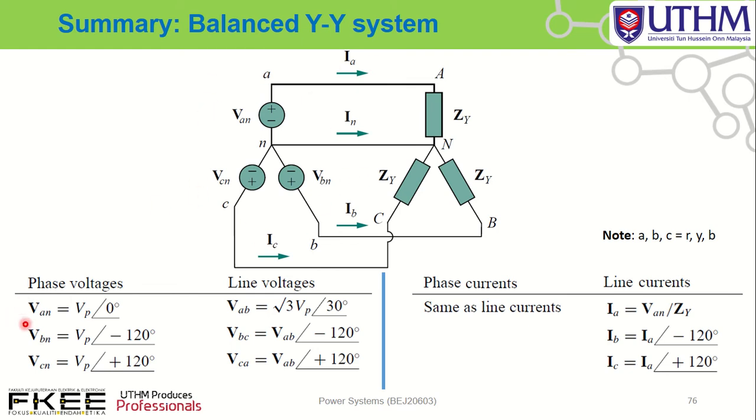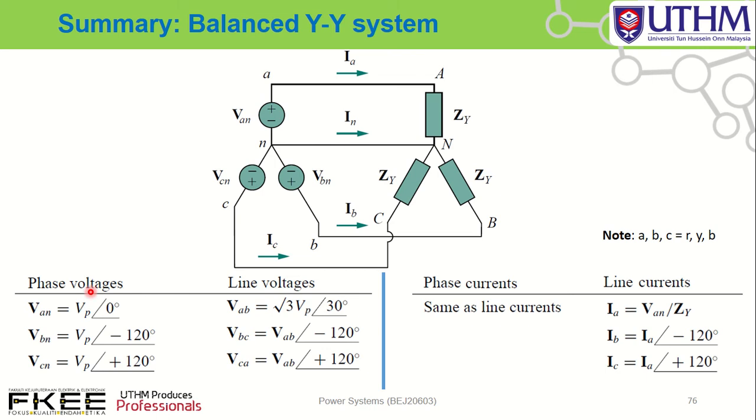Let's say we have VAN as a reference, so we can determine VBN and VCN according to the ABC sequence or positive sequence. The angle difference between each phase is 120 degrees. Given the phase voltages, we can determine the line voltages of the source.